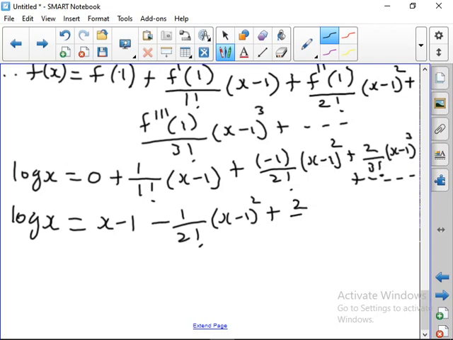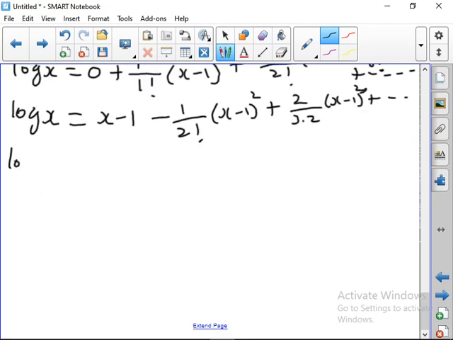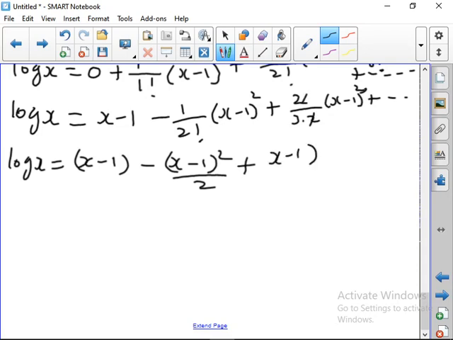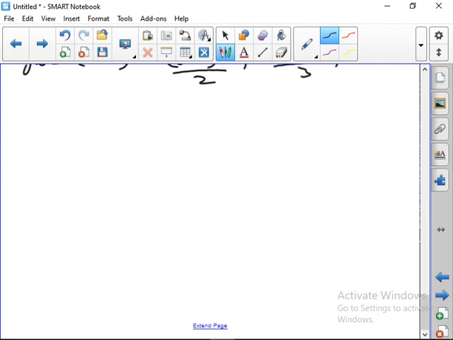So it is 2 by 3 into 2 into x minus 1 the whole cube plus etc. So we can also write this as log x is equal to x minus 1 minus x minus 1 the whole square by 2, because 2 factorial is 2 into 1, that is 2, and here 2 will get cancelled. So plus x minus 1 the whole cube by 3 plus etc. Okay.